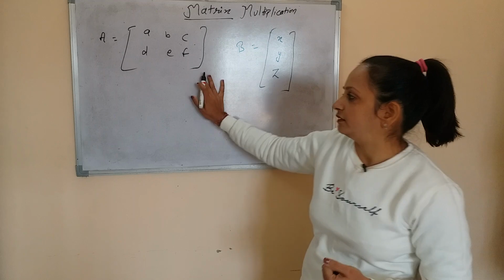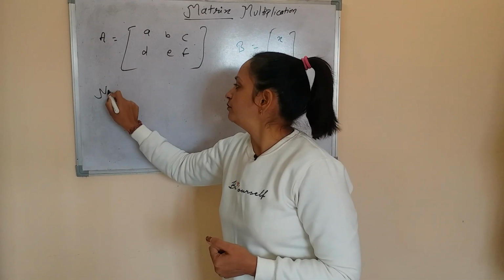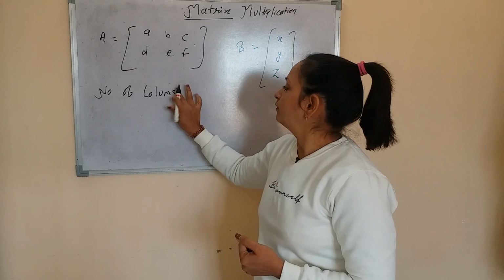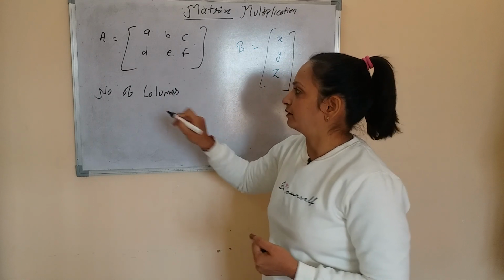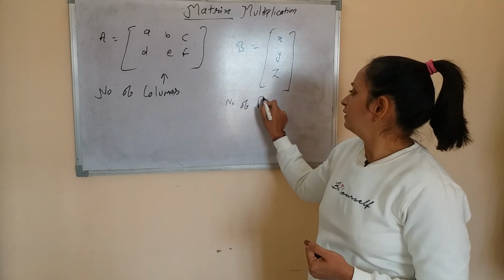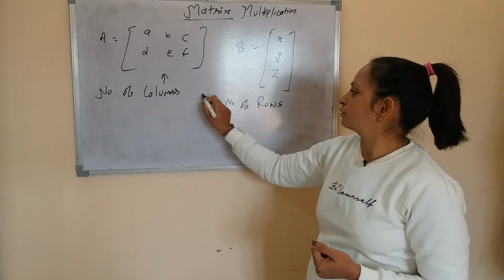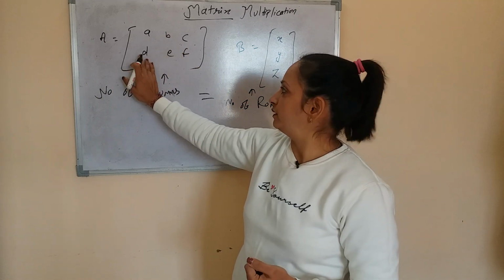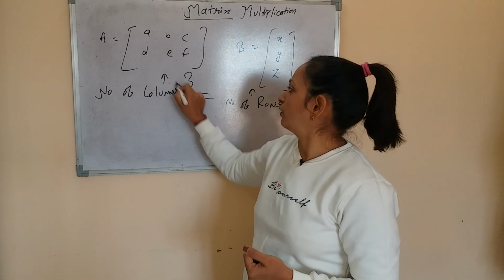The condition says that the number of columns in the first matrix, in this matrix, and the number of rows in the second matrix should be the same. So what is the number of columns here? Here we have 3 columns.